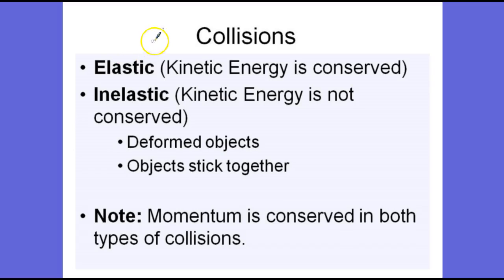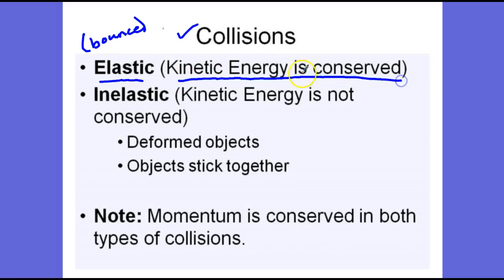Energy is not. We've talked about collisions before, elastic and inelastic. In a perfectly elastic collision, typically things bouncing off of each other, the objects would bounce, and kinetic energy is conserved.